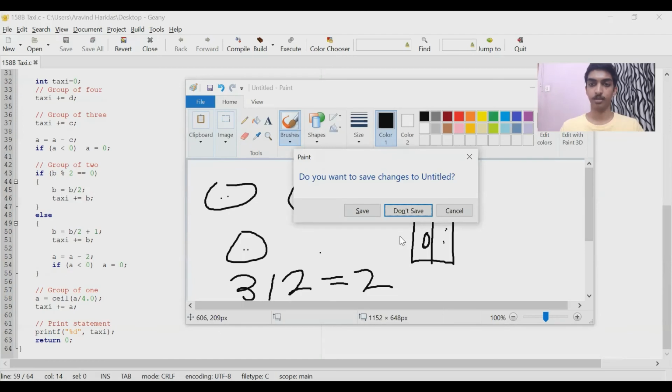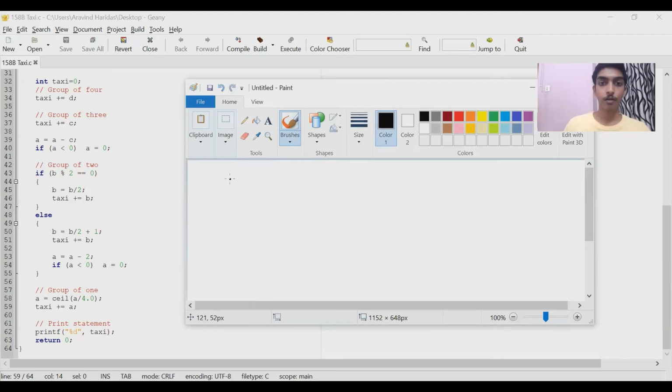Okay, fine. So now for the last group, say there are 5 single people. 4 of these guys can fit in one taxi and the last guy goes in another taxi.